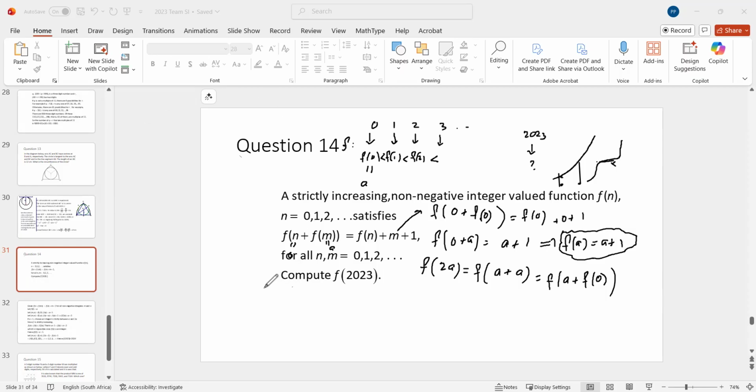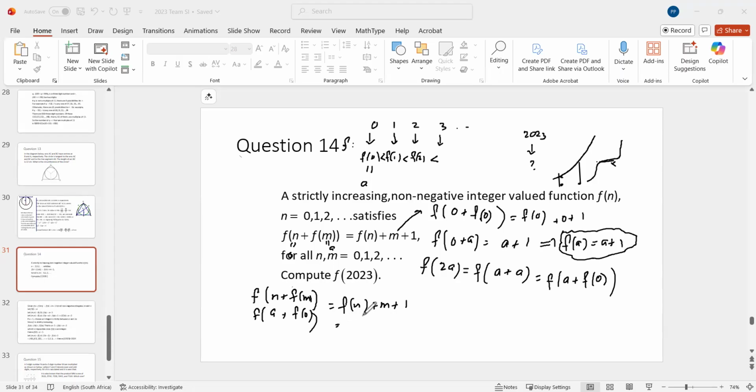So you know that f(n) plus f(m) equals f(n plus m plus 1). Now I've got a plus f(0), and I've got f of that. So n is equal to a and m is equal to 0.